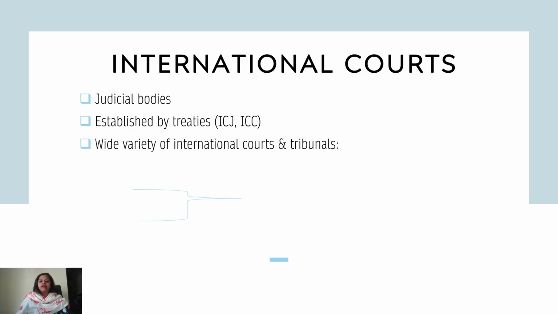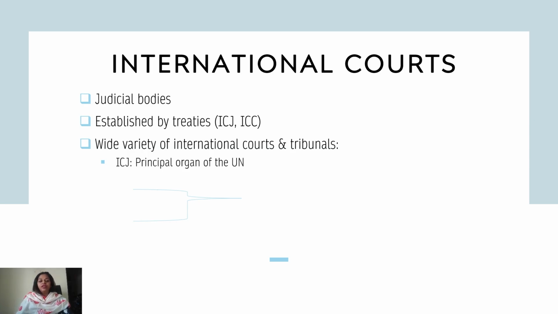Then there are different varieties of international courts and tribunals. It's not necessary that the international courts we witness in today's world are related to the United Nations only. There are other bodies which may be independent of the United Nations.